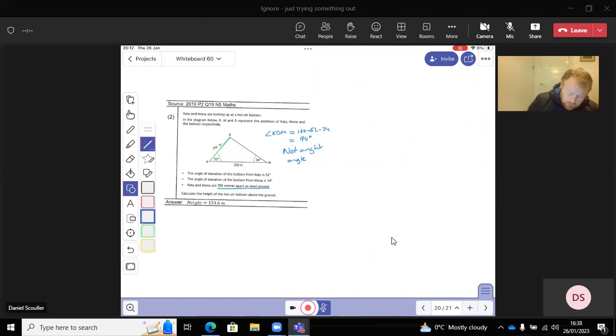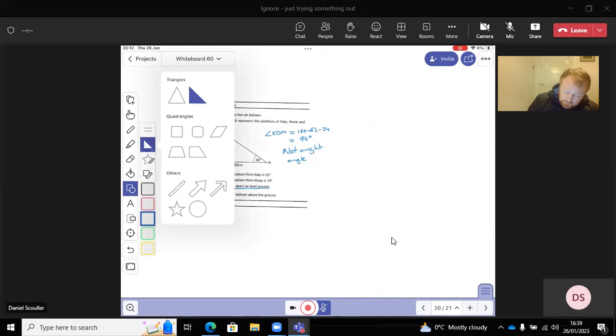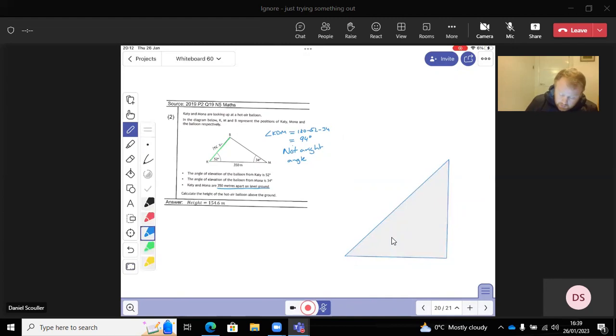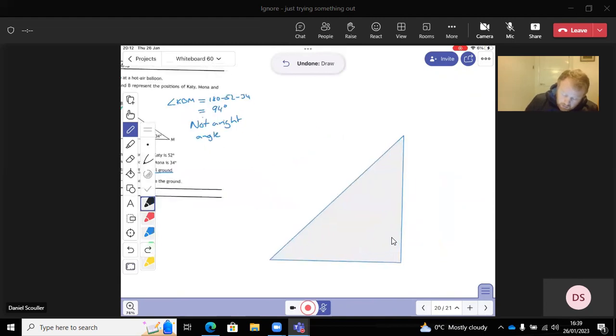Now, if I draw that triangle out so I can work with it a wee bit better. Right, I'll just take this over here since it's not playing ball with me. That's my 196.2.